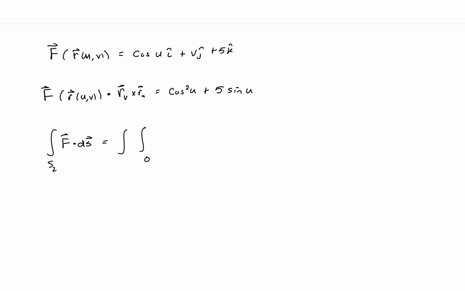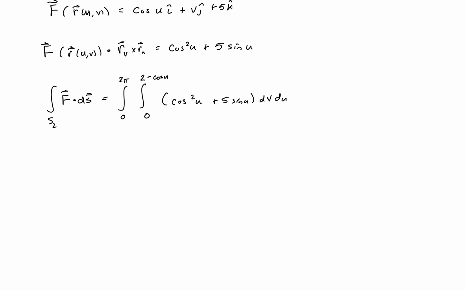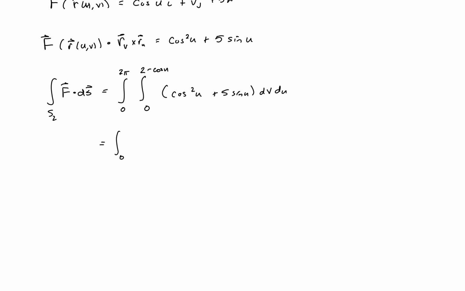Remember, we're going from 0 to 2 minus cosine of u, and then 0 to 2 pi, and I have cosine squared u plus 5 sine u dv du. So pretty easy for the v integral because there's nothing there. I'm just going to get a v with everything here. So when I evaluate that, I'm going to get cosine squared u times 2 minus cosine u plus 5 sine u times 2 minus cosine u, all du.